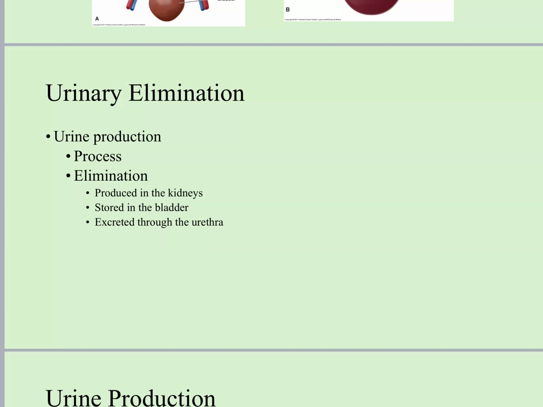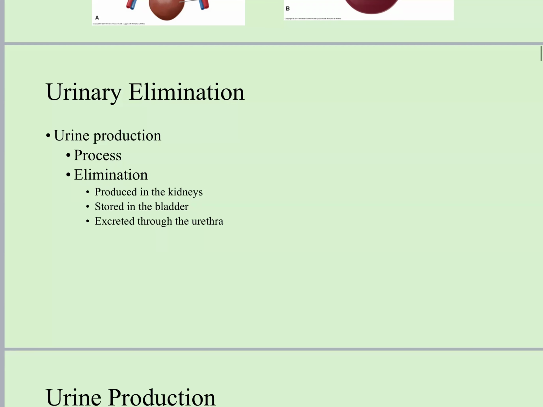So this is part of maintaining acid-base balance, in addition to removing metabolic waste and also controlling blood volume and pressure. So kidneys, once again, play a big role in maintaining blood pressure.